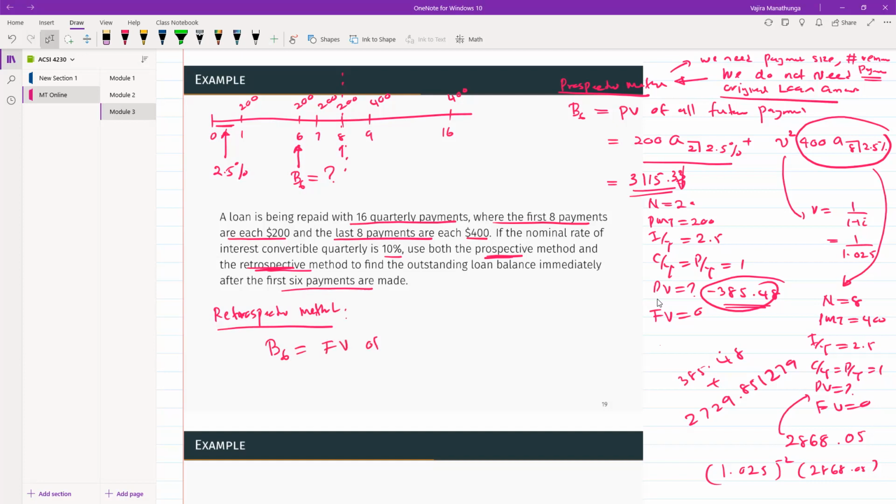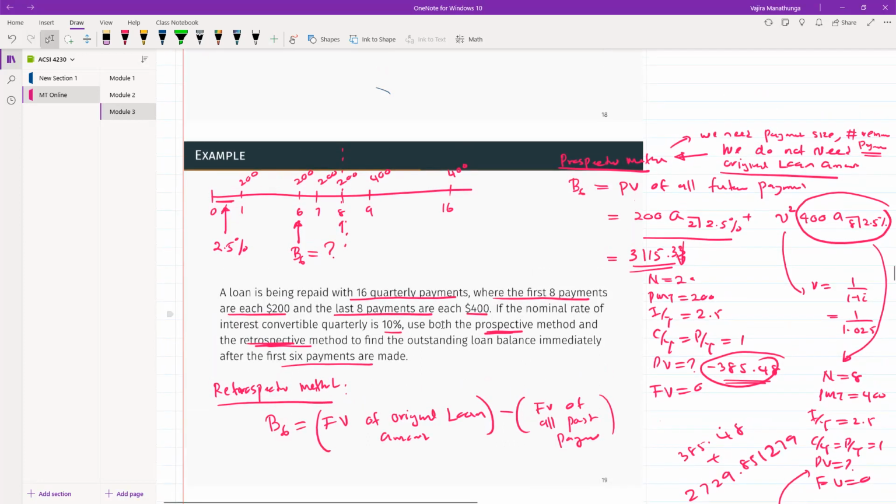Future value of the original loan amount minus future value of all past payments.